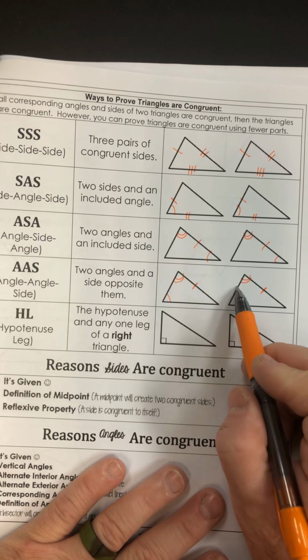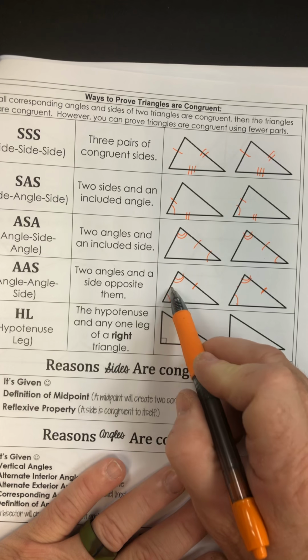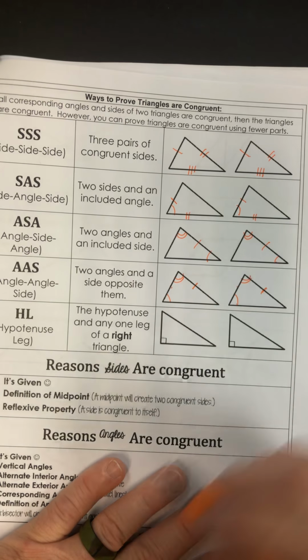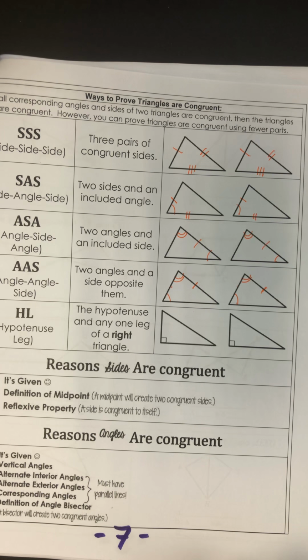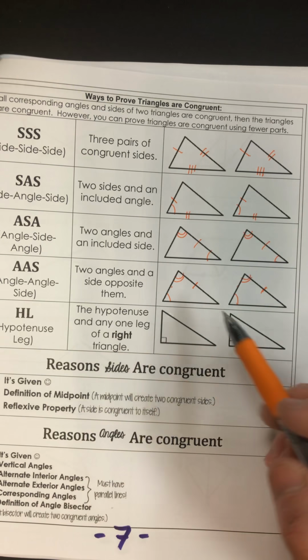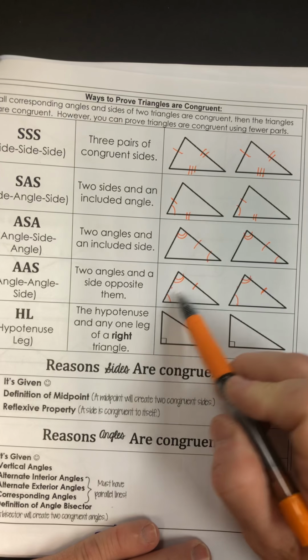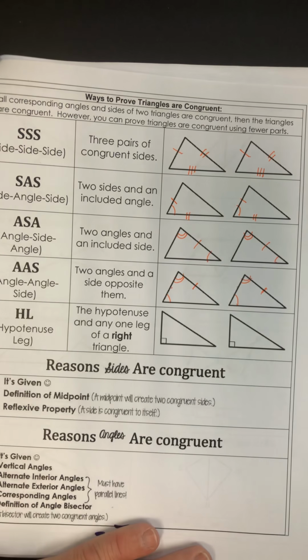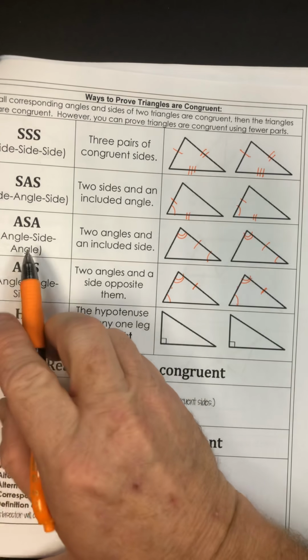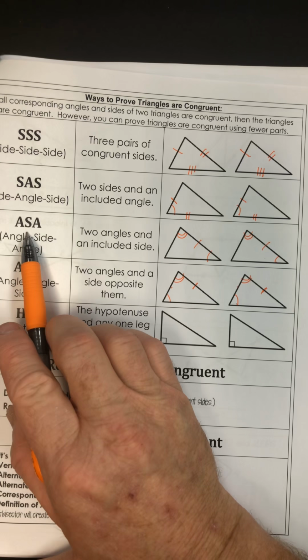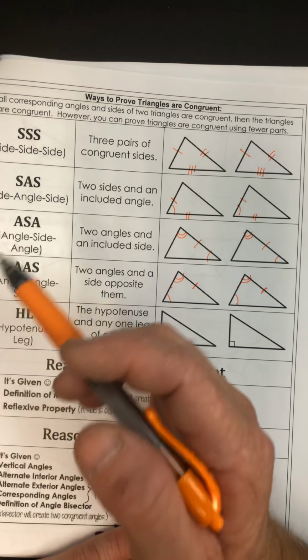If it were this one in here, it would be angle, side, angle, but it's one of the other two sides. So either this side was opposite this one or this one opposite this one. It's just two angles and a side. This up here technically is angle, angle, side, but since the side is in between the two angles, we say angle, side, angle.